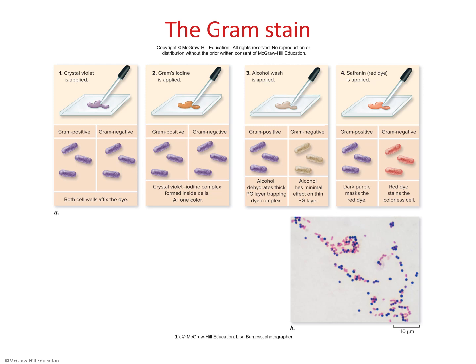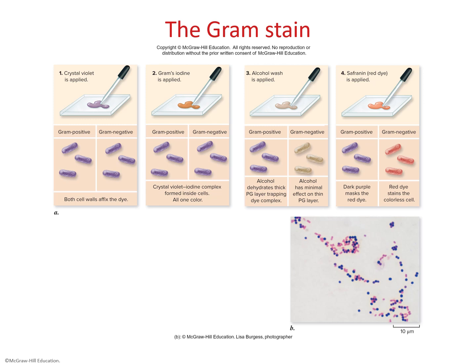The next step is we add gram's iodine, which is a mordant, and it will make a crystal violet and iodine complex that forms inside the cell, and it will keep both the gram-positive and the gram-negative cells purple in color. The third step is where we wash these cells with alcohol.